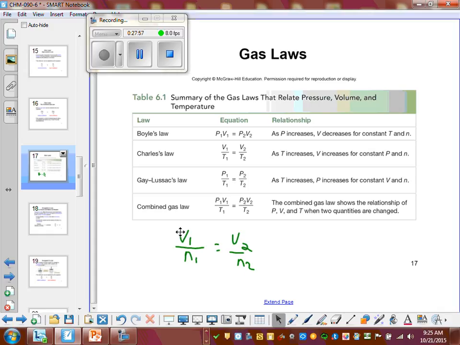So now, if I'm going to grill, I have my propane cylinder here. I start adding gas to it. The cylinder doesn't get bigger, right? So I'm putting more molecules in there, right?